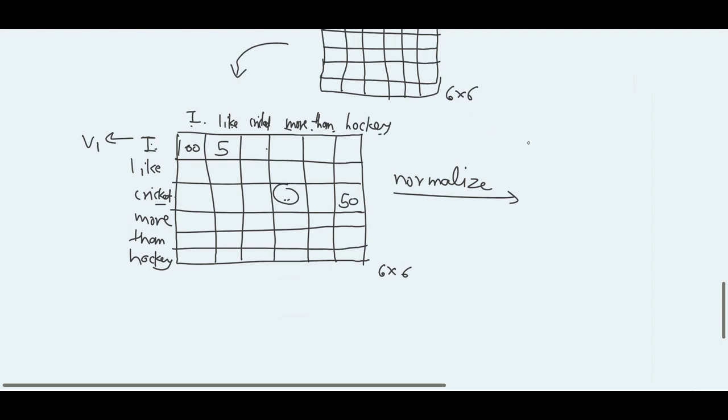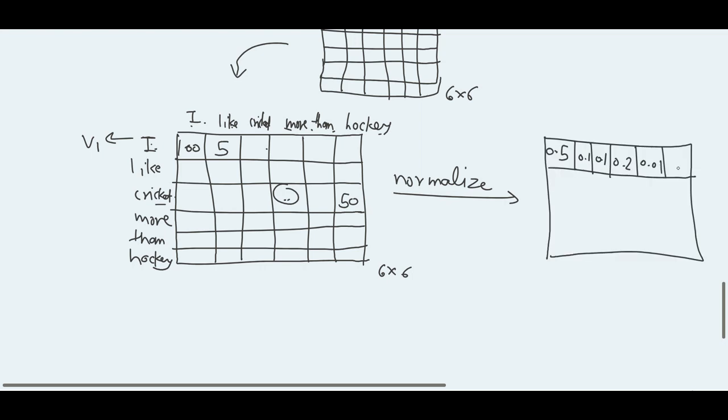For example, something like this. You can see likewise this will be done for all of the rows. For each row you will see that they all add up to 1. So this is 0.5, 0.5, 0.2, this is 0.05, and all these numbers will add up to 1.